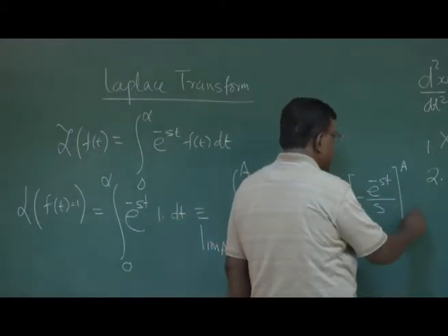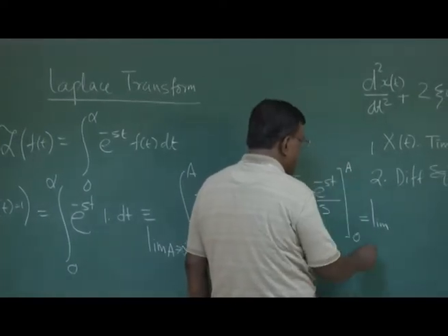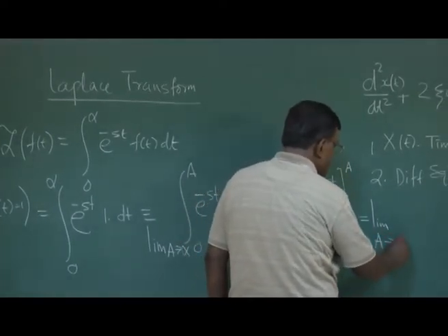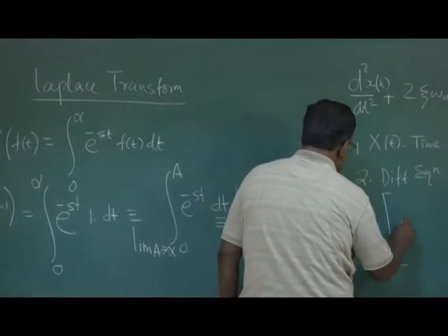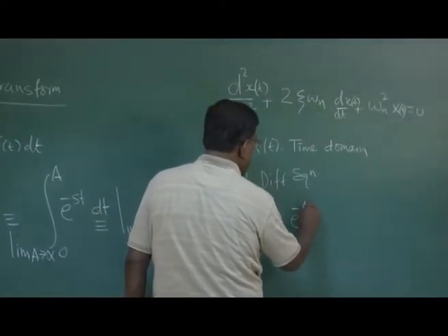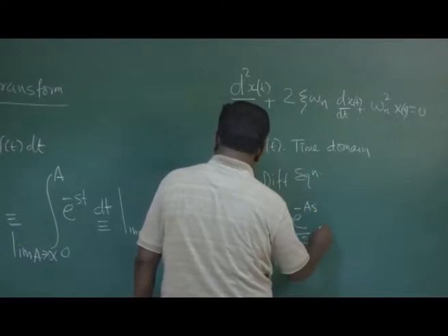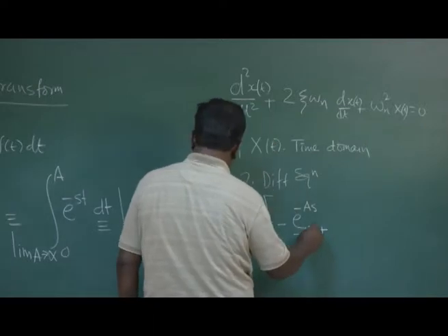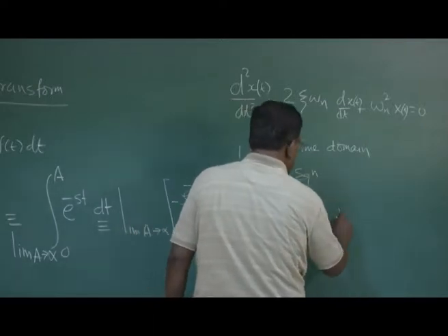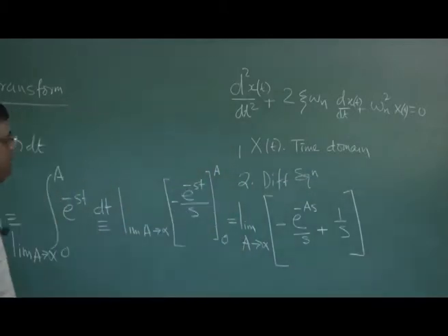Once I put the limits, I say limit a tends to infinity, this will be minus e to the power minus a s by s plus 1 by s. Right? I put a and 0 to be the limits.